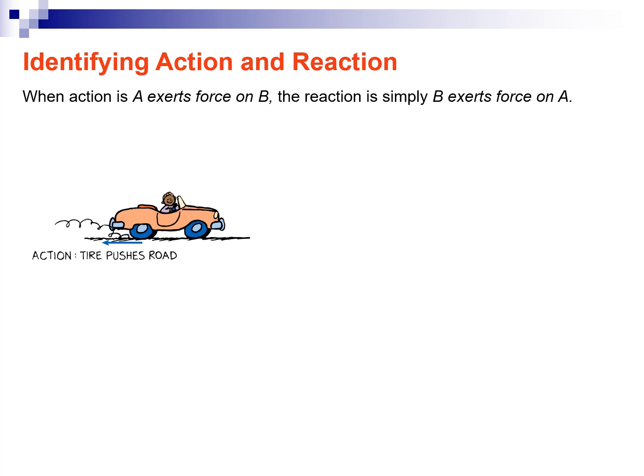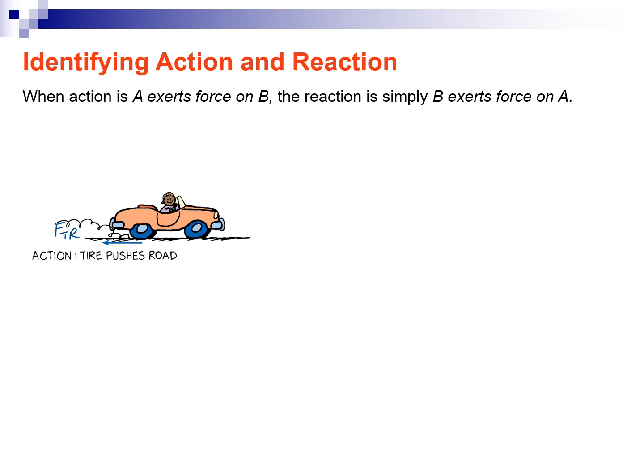Here is the action. Tire pushes the road. We show this by drawing an arrow on the road and using the subscripts F for tire pushing on the road, FTR. What is the reaction to that? The reaction is the road pushes the tire.